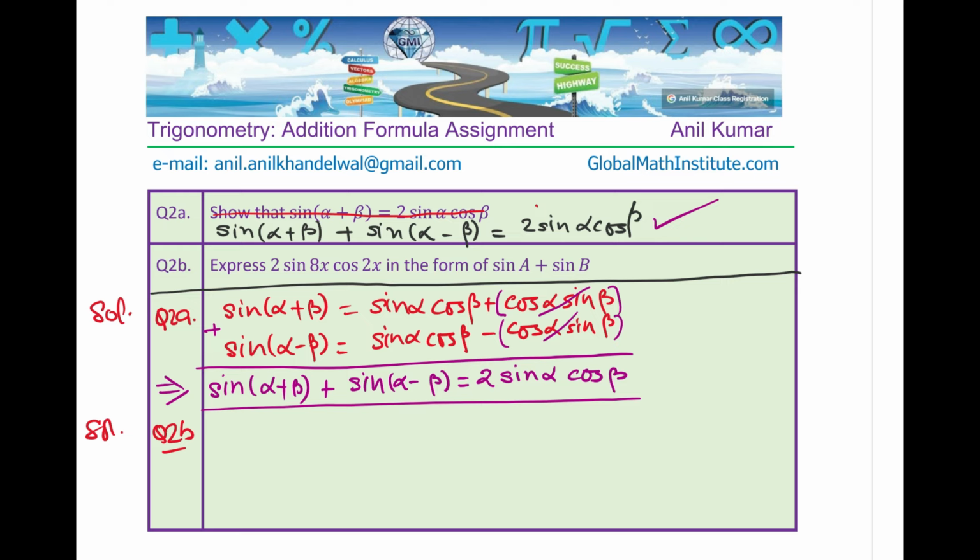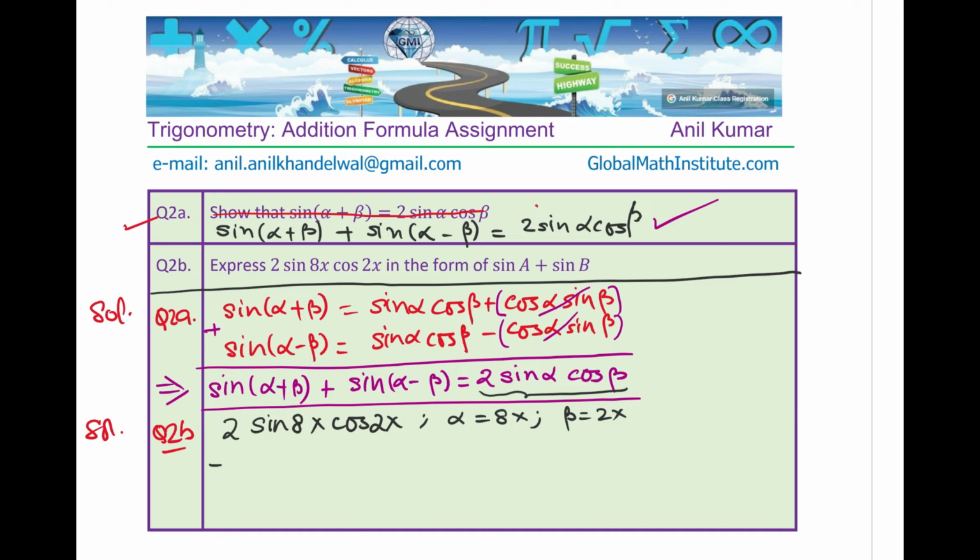Now let's do part B. We're done with A. 2 sine, let me rewrite this. We have 2 sine 8x cos 2x, correct? So applying this particular formula, where you can see that alpha is 8x and beta is 2x, right?